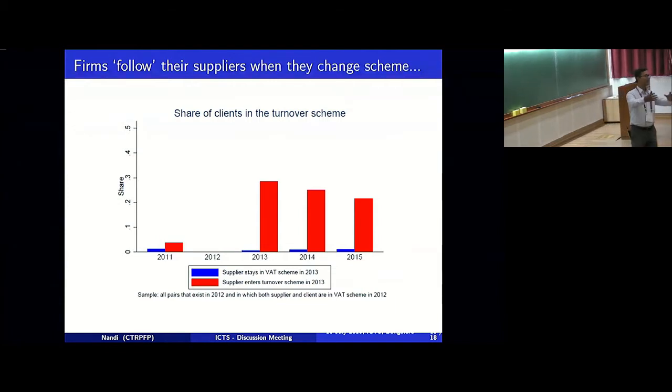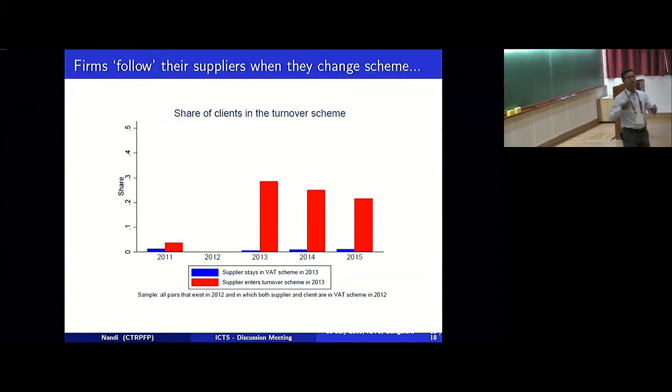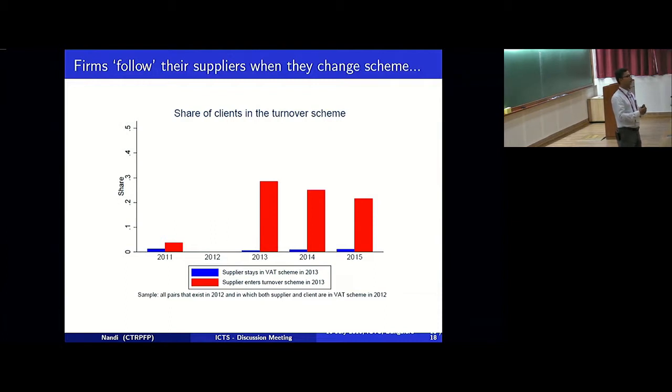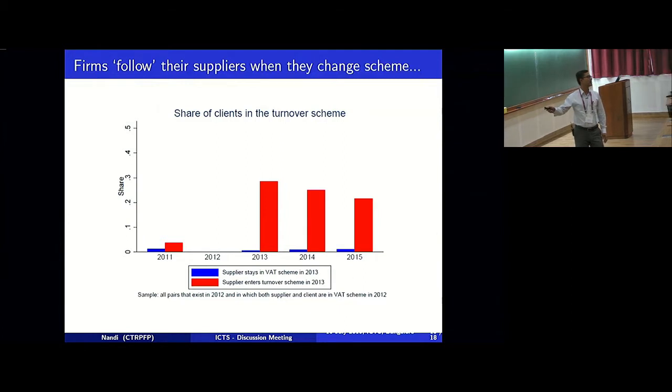So is it that once they entered the turnover scheme, all the turnover firms started trading with them? No. What we observe is that in this period he had a lot of VAT clients and they changed their tax policy. Is this clear?